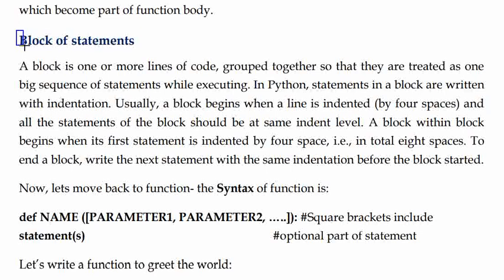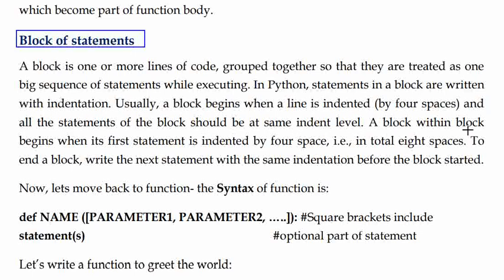Block of statements. A block is one or more lines of code grouped together so that they are treated as one big sequence of statements while executing. In Python, statements in a block are written with indentation. Usually a block begins when a line is indented by 4 spaces and all the statements of the block should be at the same indent level.